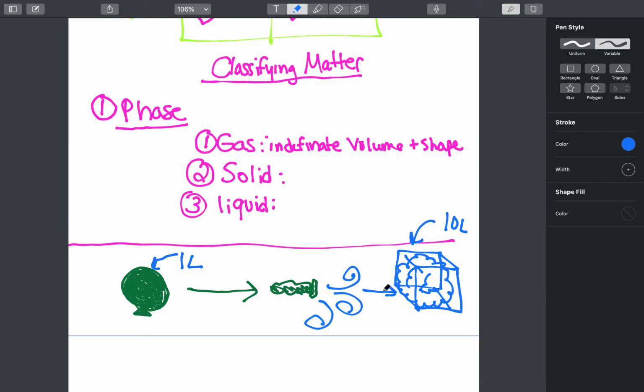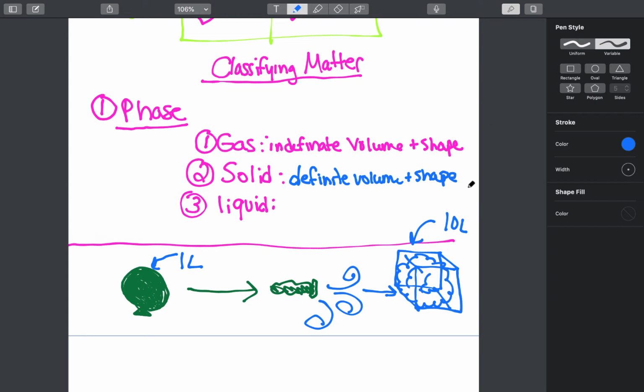So what about solids? Solids are the exact opposite of this. Solids have a definite volume and a definite shape. So in order to think about this, think about an ice cube. If you put an ice cube on the table, assuming that it's cold enough and the ice cube does not melt, the volume of that ice cube doesn't really change.